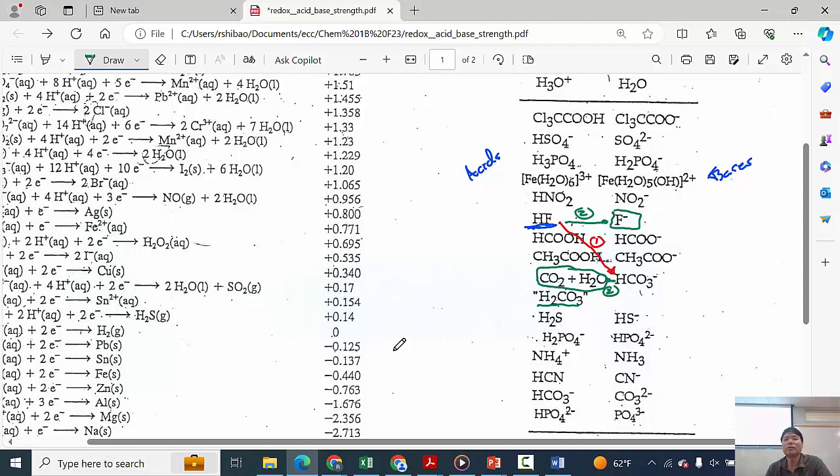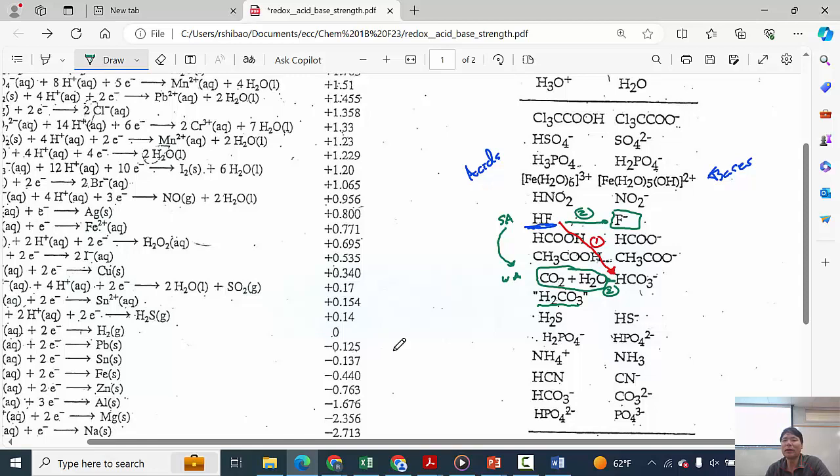Okay, so what we do is we look for driving force. Now the driving force is going from a stronger acid, HF, which is still a weak acid but a stronger weak acid than CO2 and water. So this would be the weaker acid. We're going from stronger acid to weaker acid.